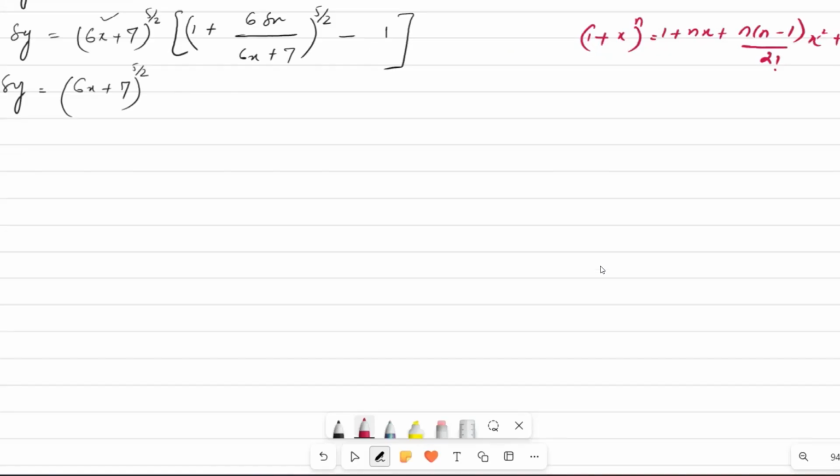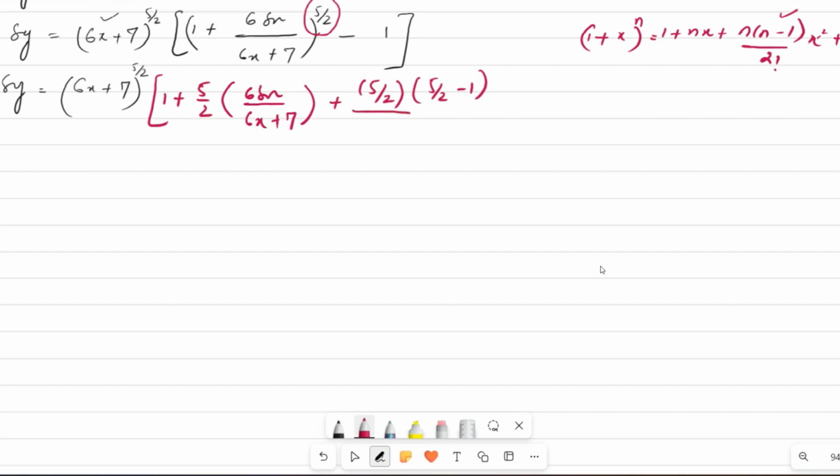If we open this with the binomial theorem, it would be 1 plus this power 5 by 2 into 6 delta x by 6x plus 7, plus 5 by 2 into (5 by 2 minus 1), same like n minus 1, divided by 2 factorial, and (6 delta x by 6x plus 7) whole square, plus so on, minus 1.